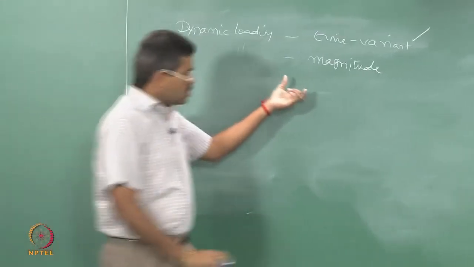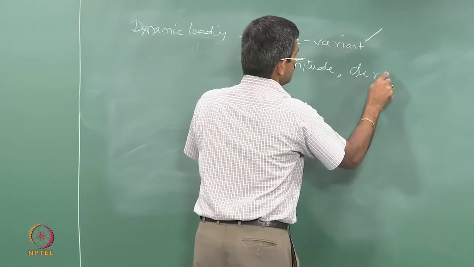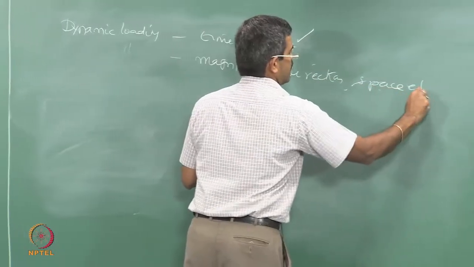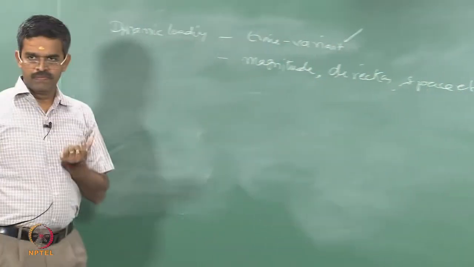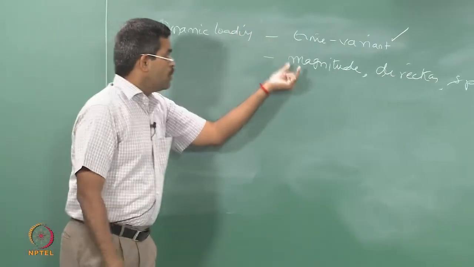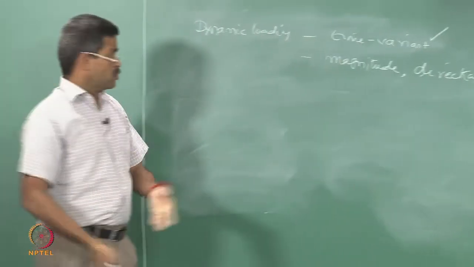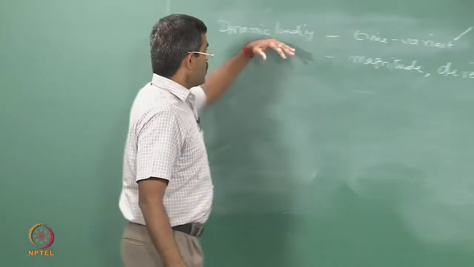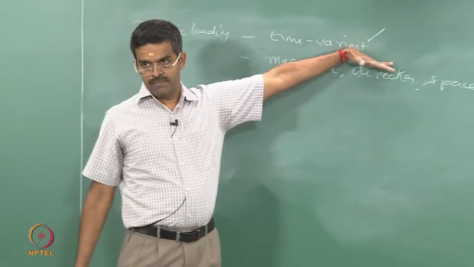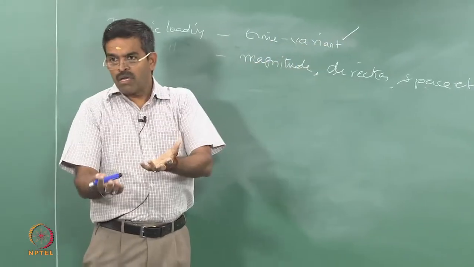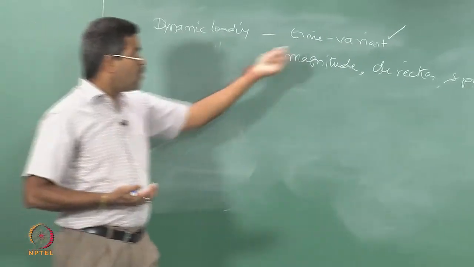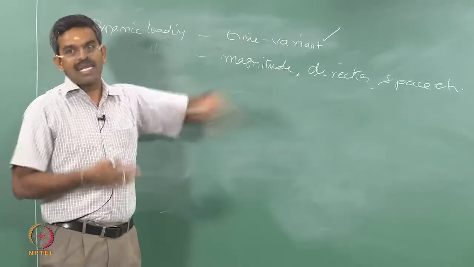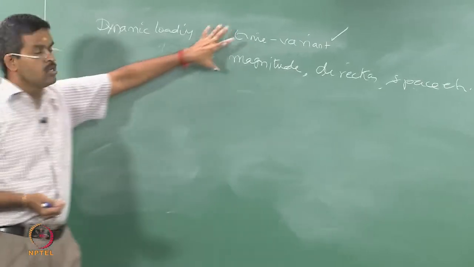This may also be variation in direction, variation in space, etc. These two must be inherently present to prescribe a load as a dynamic load. For example, if the load is not time variant, it cannot be called a dynamic load. If the load does not vary in magnitude as well as in time, it is a static load. So, these two should be there.